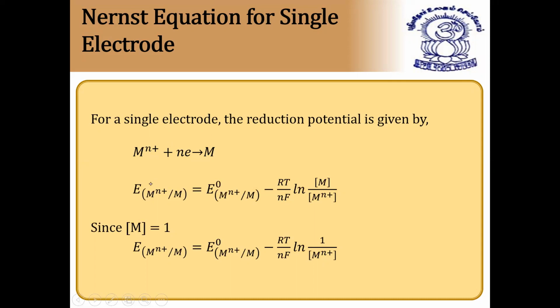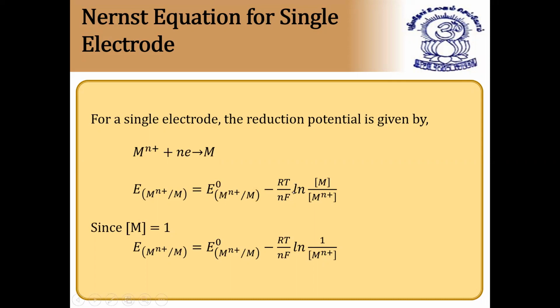The Nernst equation is given by, for M^n+ changes to M, E is equal to E degree of cell minus RT by nF, where R is called the gas constant, T is called temperature, n is called the number of electrons, and F is called Faraday. You know the Faraday value, temperature, and R value are constant.